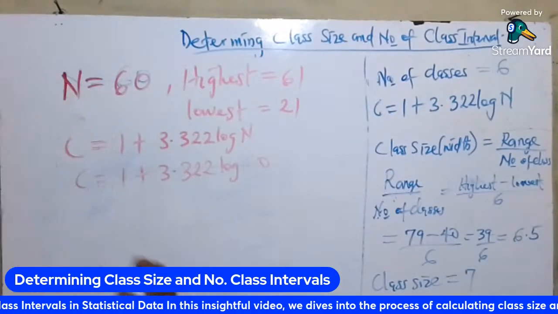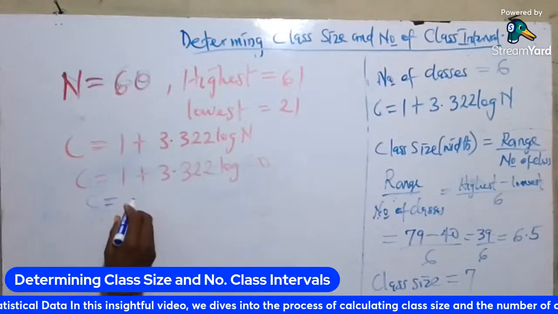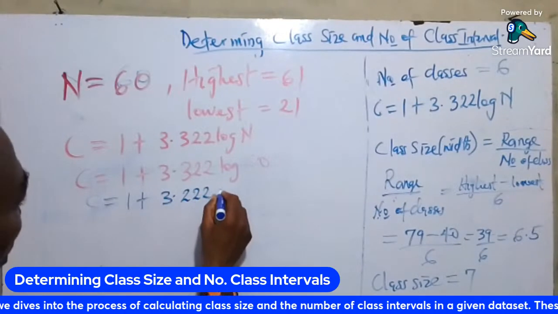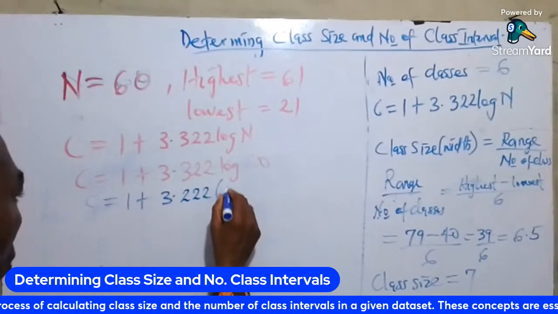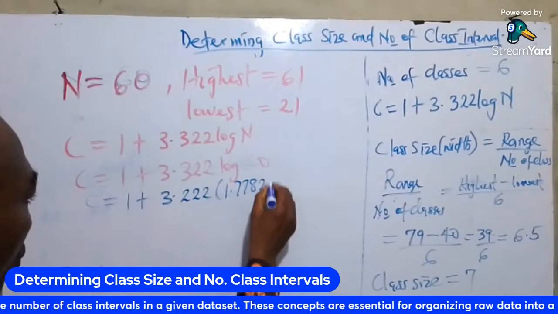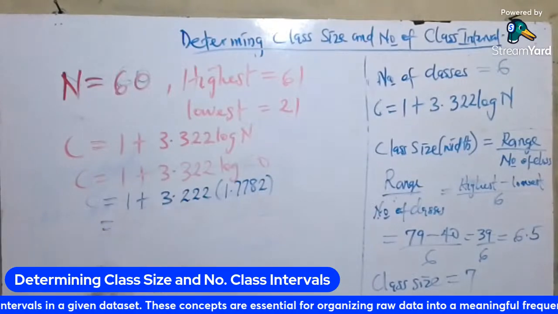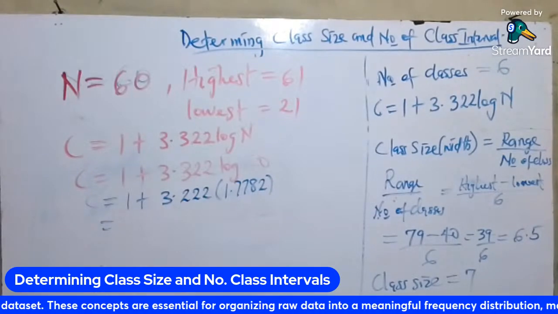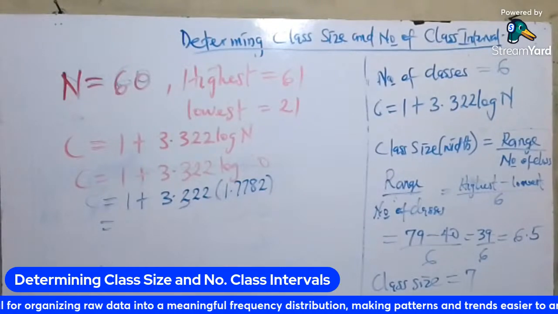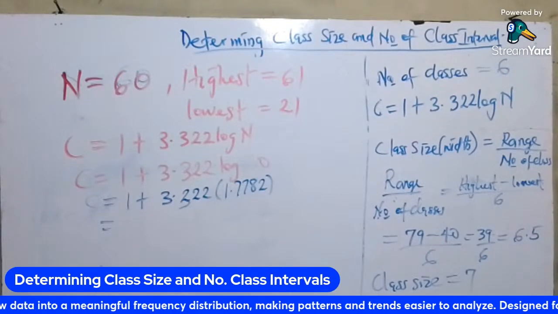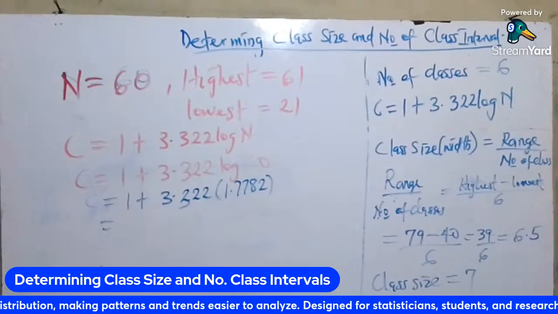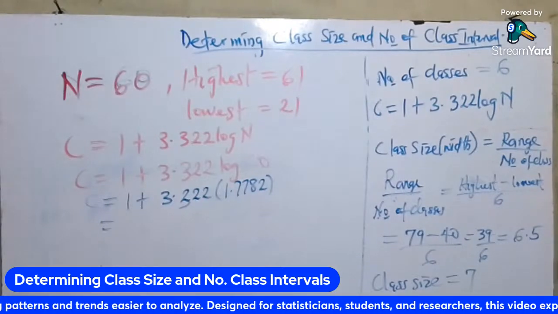So of course, log 60 is now giving me that c equals 1 plus 3.322. Log 60 is 1.7782. So if I do that now, that will be 3.322 multiplied by 1.7782.